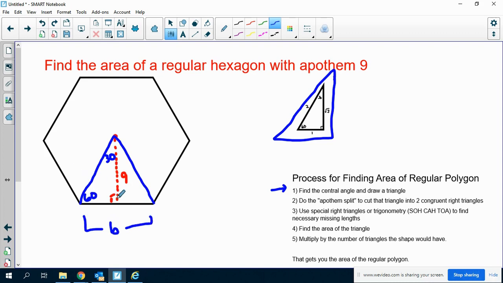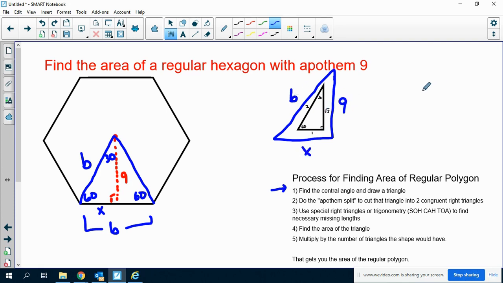Now notice that since this is an equilateral triangle, I could either find this length, or I could find the length of the radius of the hexagon, because since this is an equilateral triangle, the radius is going to be equal to the side length. So that's b, that's x, this is 9.